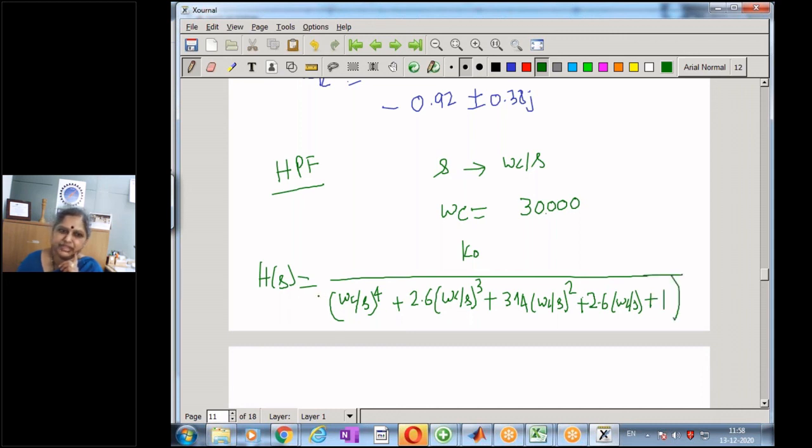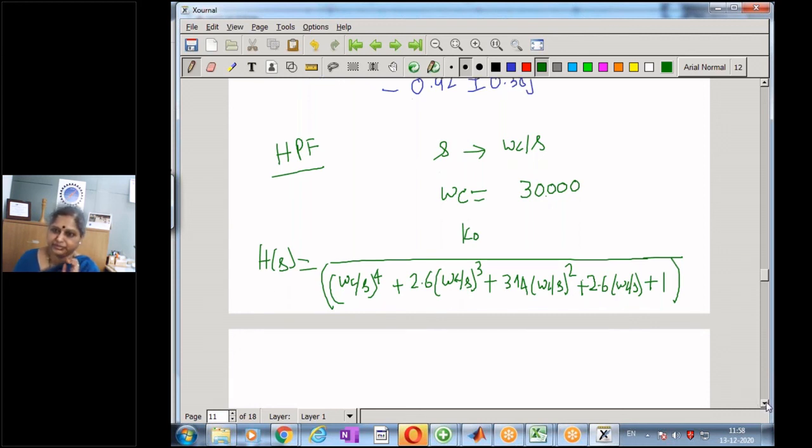And this is my final designed high pass filter to meet the given specifications, wherein I first designed the low pass filter and applied frequency transformation and then converted to the high pass filter. So this is what our final designed high pass filter is.